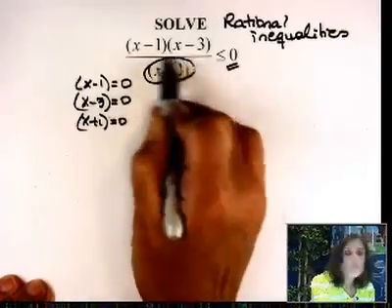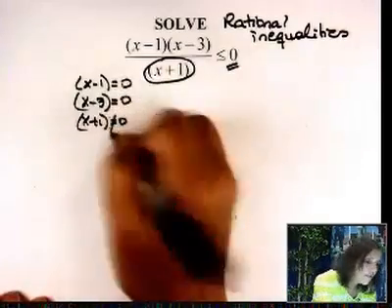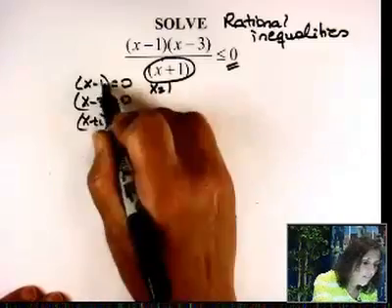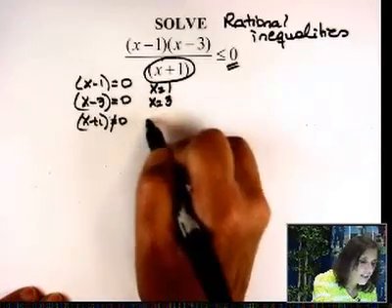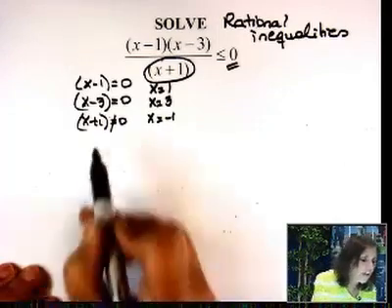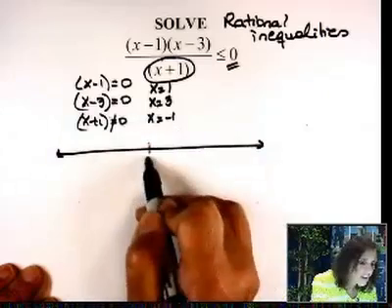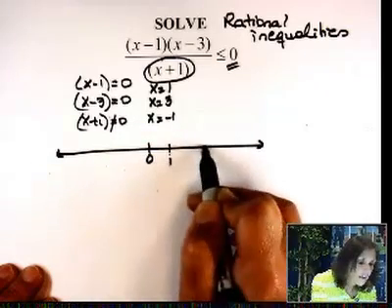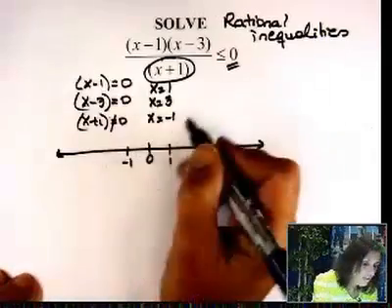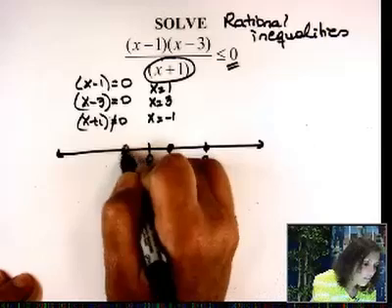This cannot be 0. I do know that. I'm just trying to find a critical value. I know that this cannot be 0, but I still need to find it. So I get x equals 1 from here, x equals 3 from here, and x equals negative 1 from here. Now I look at what happens to my expression in these regions. So 1 is here, 3 is here, and negative 1, I'll do it with open circle.